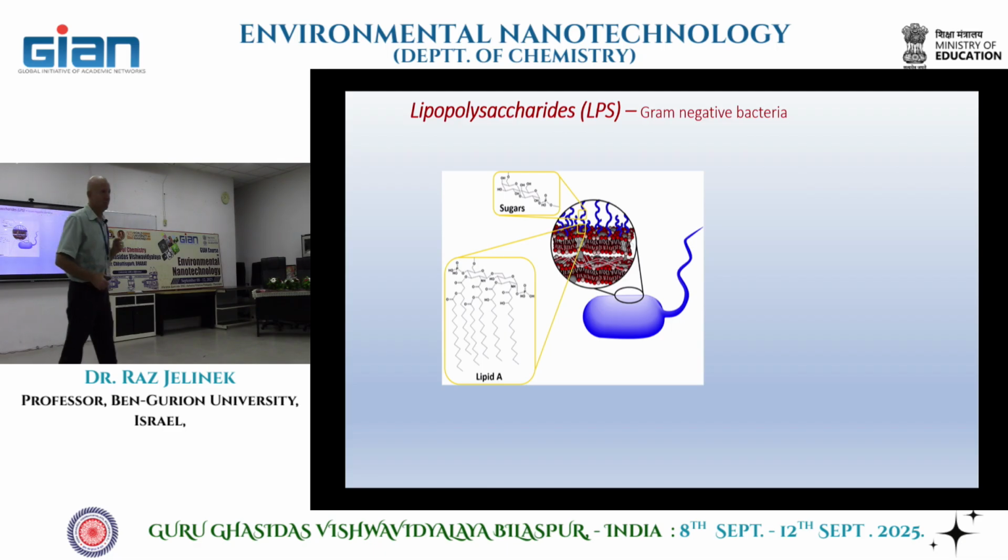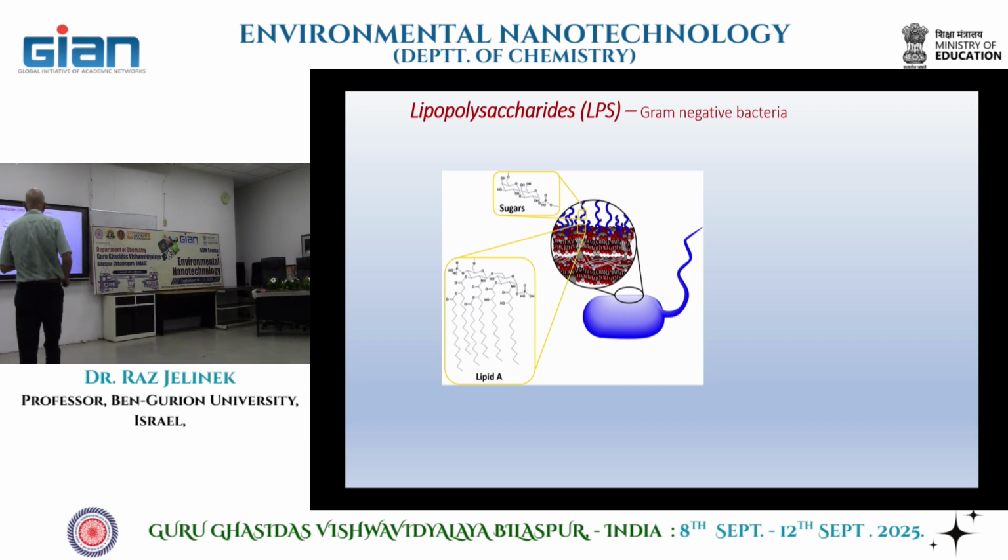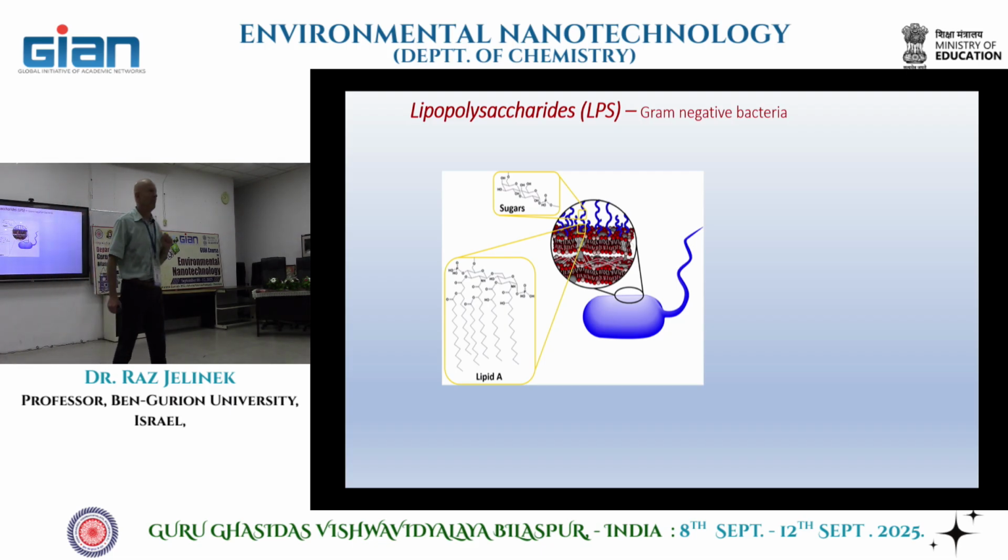How do we do that? For that, we need to look more carefully at the surface of bacteria. Now, bacteria have very interesting surface properties. There are two main types of bacteria in the world: gram-negative and gram-positive. In both cases, you can find good bacteria and bad bacteria.